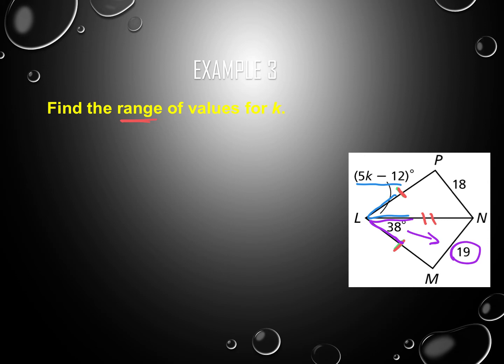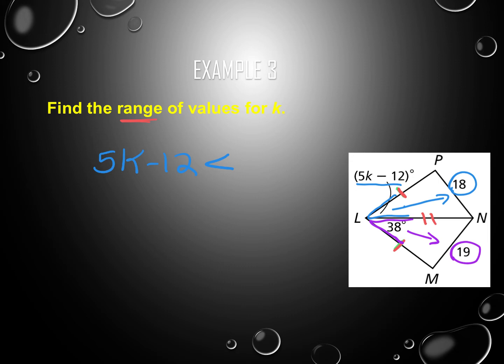And the 5K minus 12 looks across to the 18. So this tells me that the 38 is the larger angle here. So when I go to set up my inequality to solve, I'm going to be setting up 5K minus 12 must be less than 38.